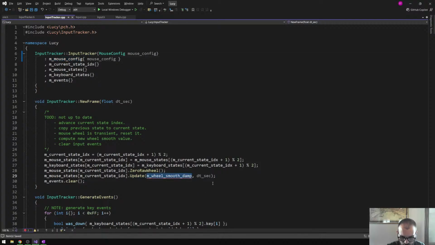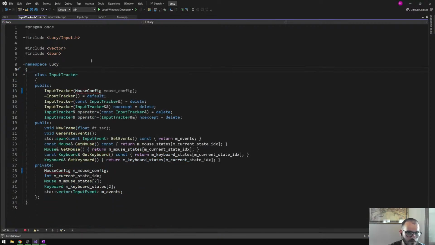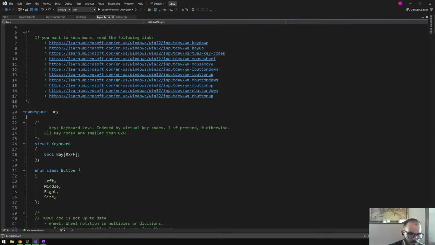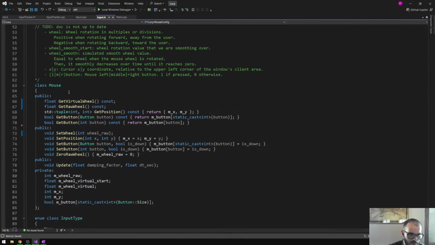Update, we pass the mouse config. Whoops, we need to move this to the input. Then keyboard, the mouse, and update mouse config const reference, mouse config, can simply do this.